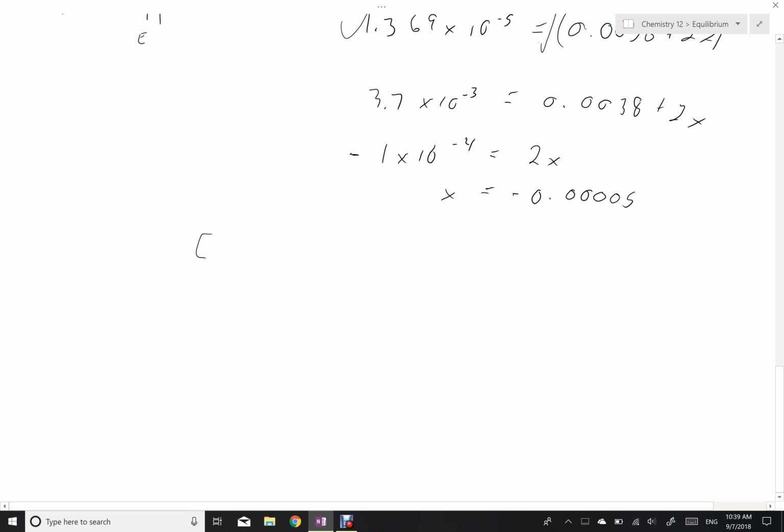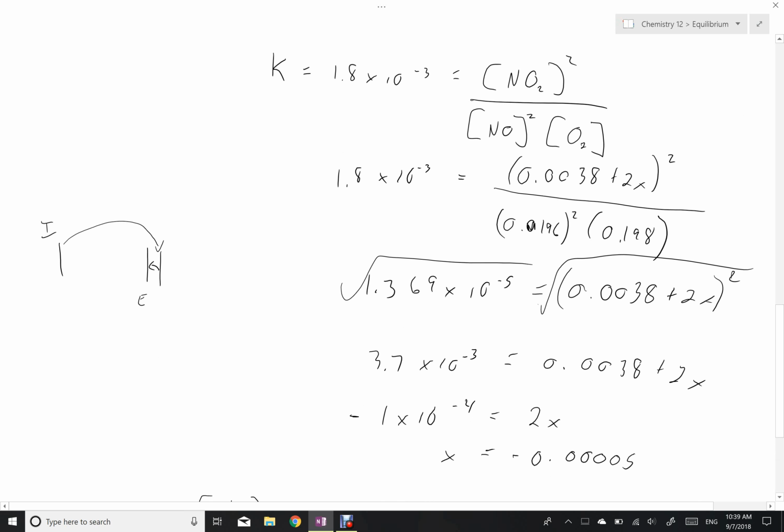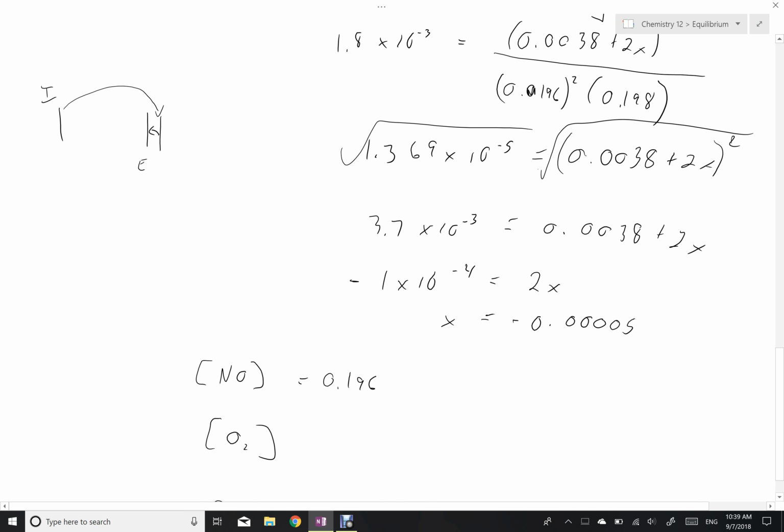So my final concentrations then of nitrogen monoxide, oxygen, and nitrogen dioxide are, so I said it would have been 0.196 minus 2x, and this one would have been, so that's going to be 0.1961.